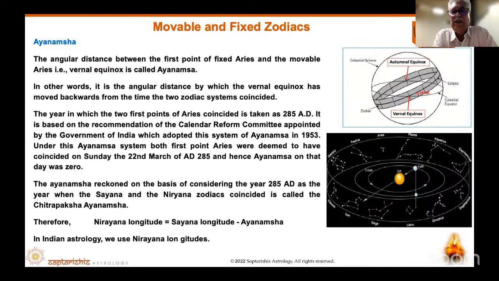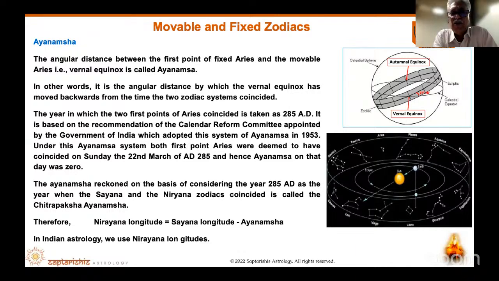So if we have to understand Western astrology, then you have to understand the science system also, because they take the longitudes as per the science system, meaning a moving zodiac. And currently we find the sayana longitude, minus the ayanamsha, and we take the Nirayana longitude. Yes. Okay. So we are indirectly dependent on the sayana longitude, right?